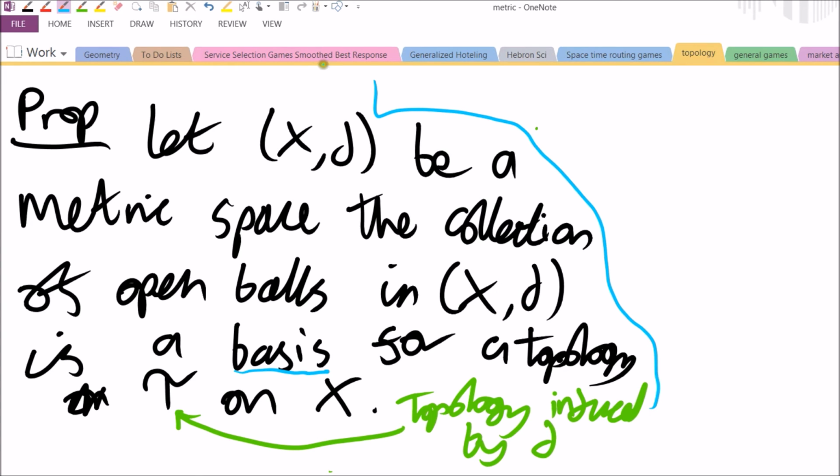Essentially, B is going to be a basis for a topological space when every open set is equal to the union of some members of B. That's the definition of a basis. But then, why is this proposition true? Well, it harkens back to something I was discussing in lecture 3. So let's discuss this again, might as well just recap.